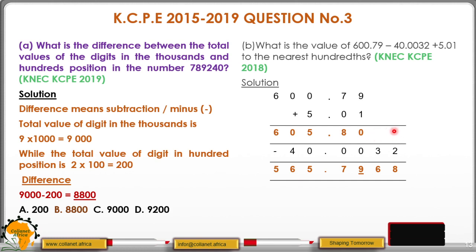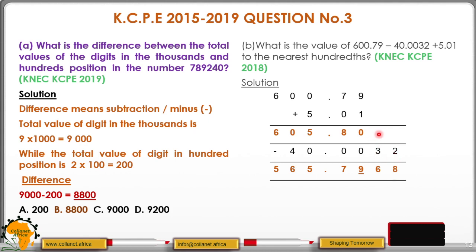So you say 0 minus 8, it's not possible. You borrow 1 here, there will remain 7. This will be 10. You borrow 1 to remain 9. Then you bring it here, it will be 10. You borrow 1, you are left with 9 here. Then you come here 10. Now it will be 10 minus 2, you get 8.